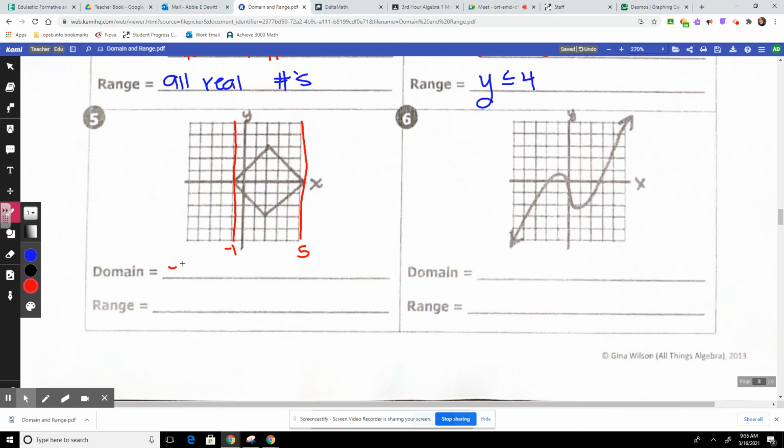So x lies between negative 1 and positive 5, with less than or equal signs. For top to bottom, y does not extend beyond this point where y is positive 3, and it does not extend beyond this point where y is negative 3. Therefore, y lies between negative 3 and positive 3, and I fill in my less than or equal signs.